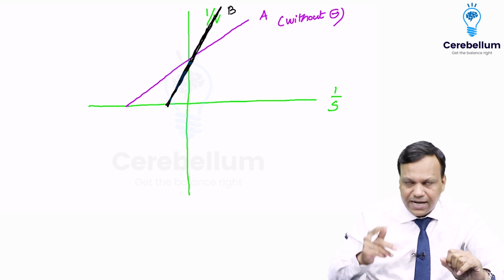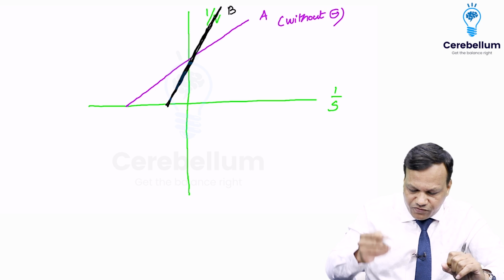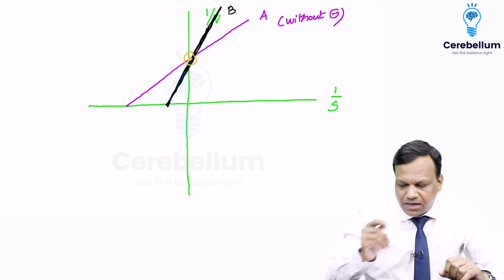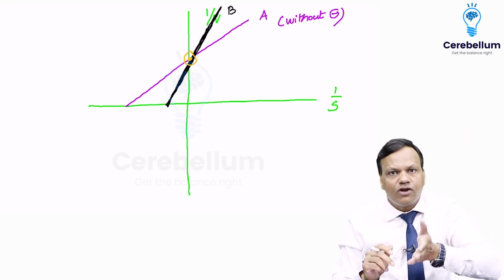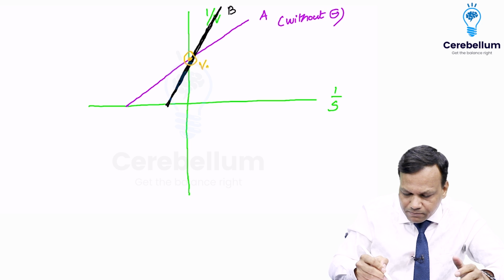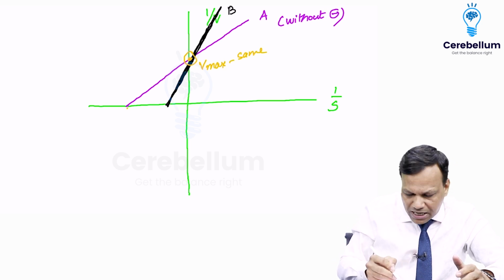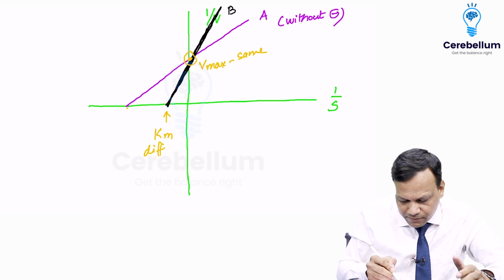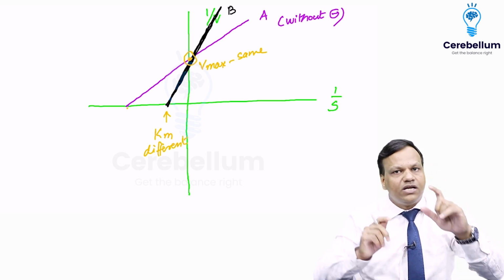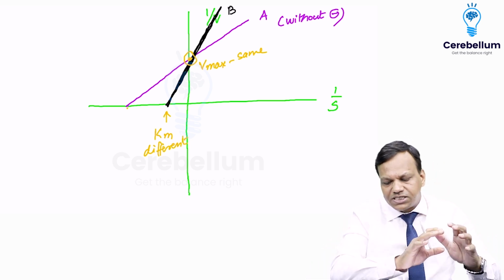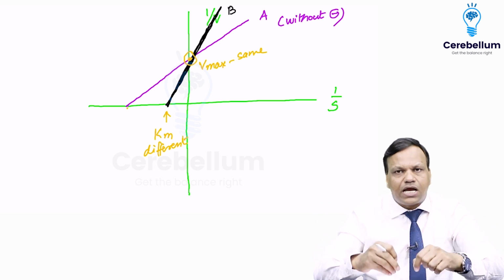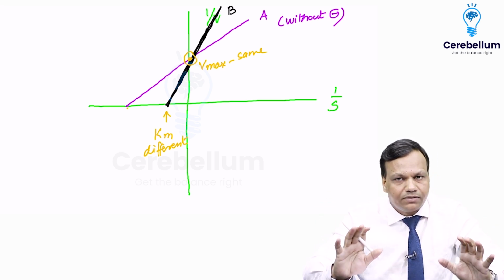You need to see which point is common. If you see that the point on the y-axis is common here, that means Vmax is same. The y-axis is velocity, so Vmax is same. But the point on the x-axis is different, so that means Km is not same. Km is different. Okay. So in which inhibition only Km changes, Vmax does not change? Yes, that is competitive inhibitor. So this type of graph is for competitive inhibitor.